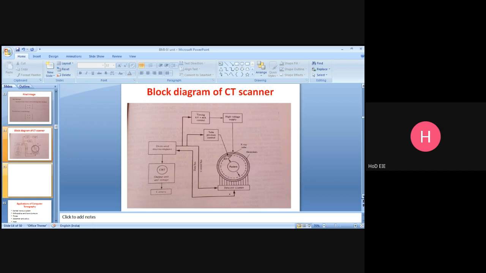How the detector responds can be related to how many photons impinge upon the detectors.